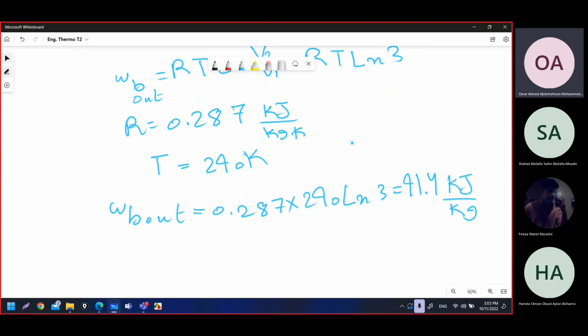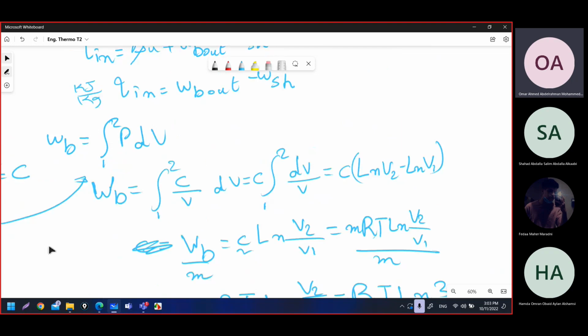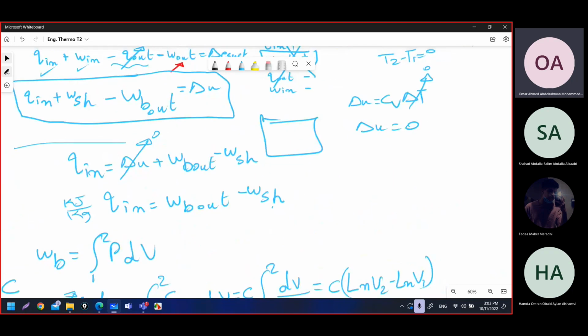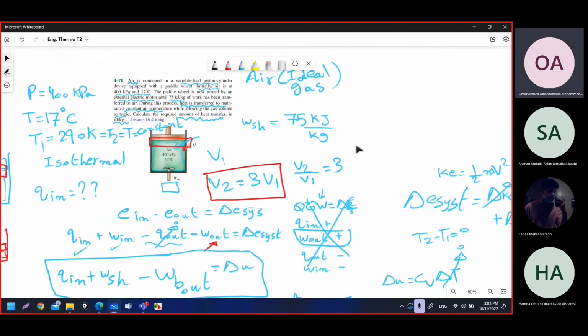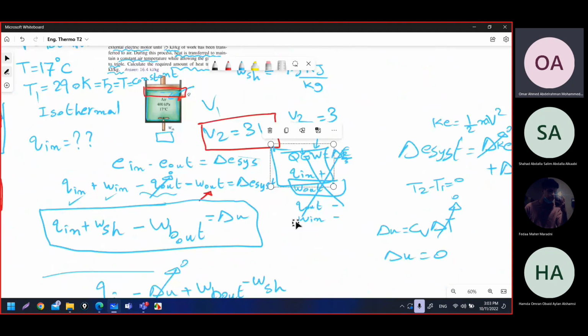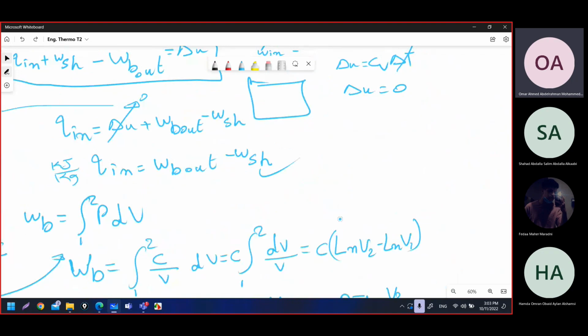Now I found the boundary work out, and the work of the shaft is already given in the question, 75 kilojoule per kilogram. Then now I can calculate Qn. So the boundary work out 91.4 minus the work shaft 75 will give you 16.4 kilojoule per kilogram. That is required from us in this question, the Qn.